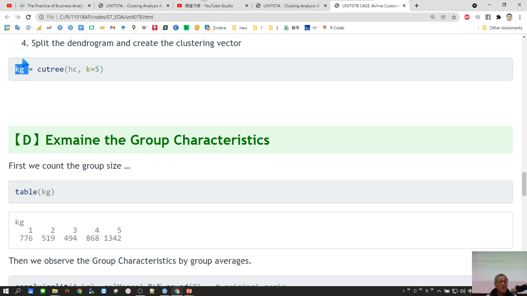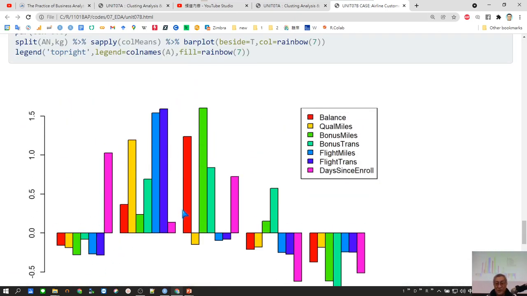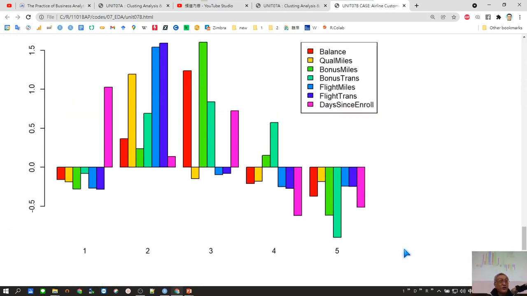You need to use this clustering vector to acquire the group characteristics. So the quality of clustering depends on the quality of the group characteristics. This is very important.